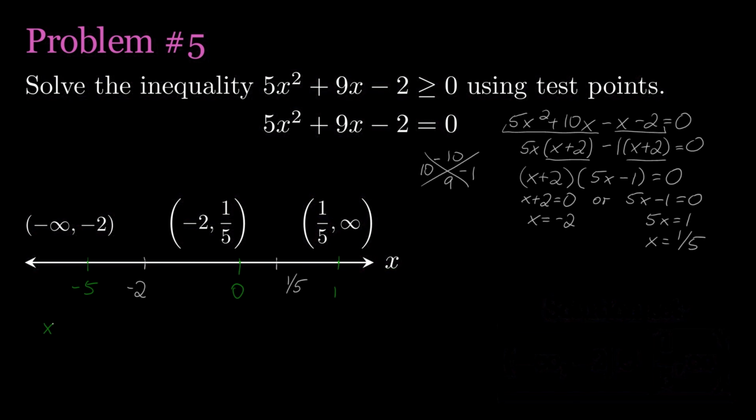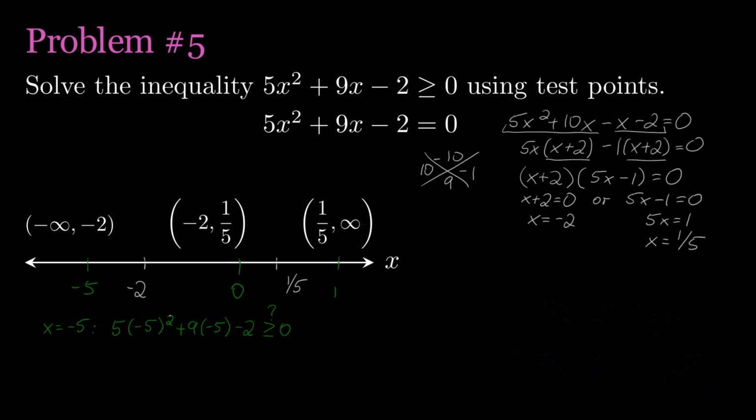So starting with x equals -5, we get 5 times the -5 squared plus 9 times the -5 minus 2. And we ask whether this is greater than or equal to 0.